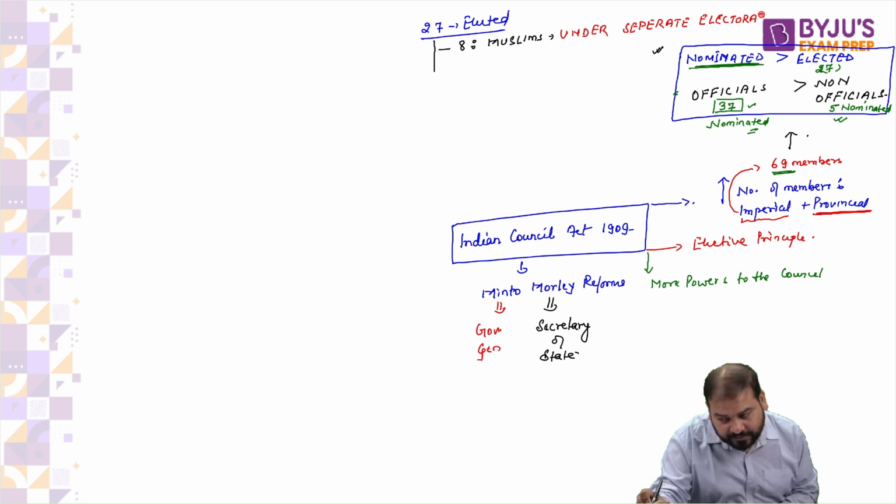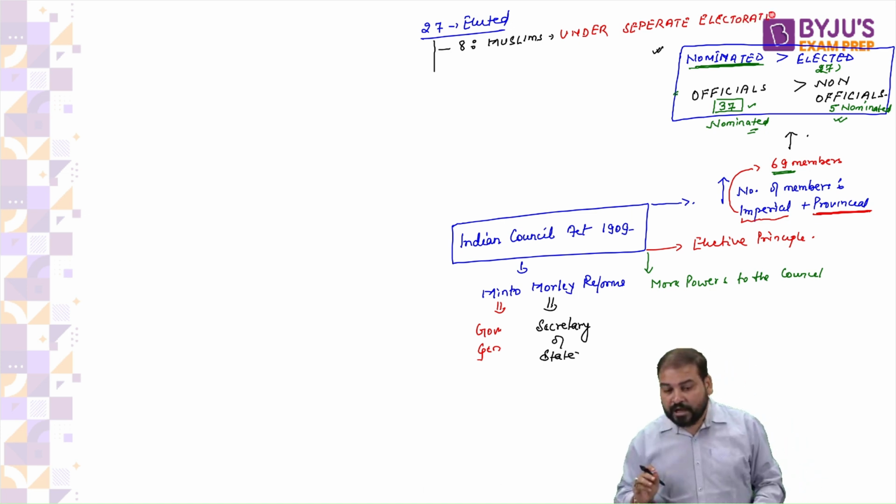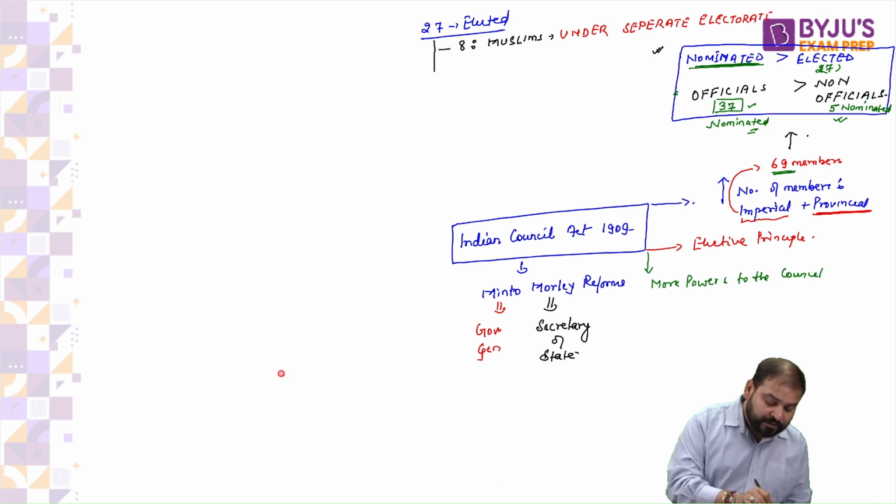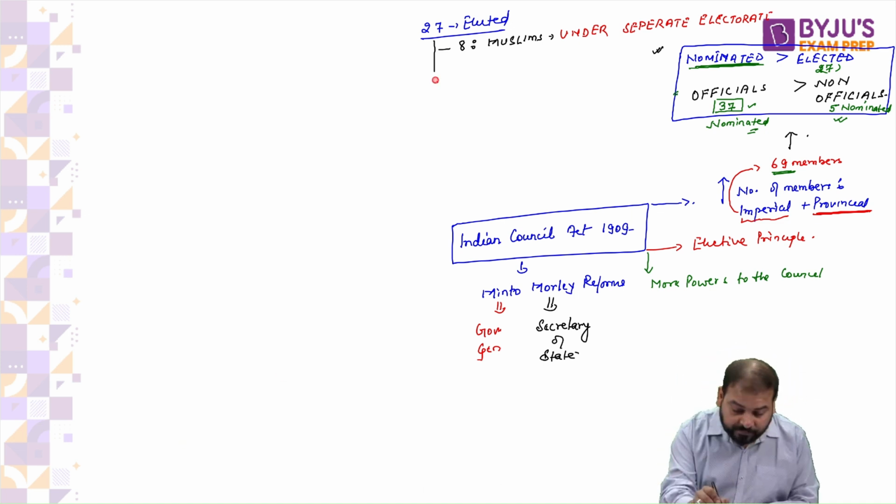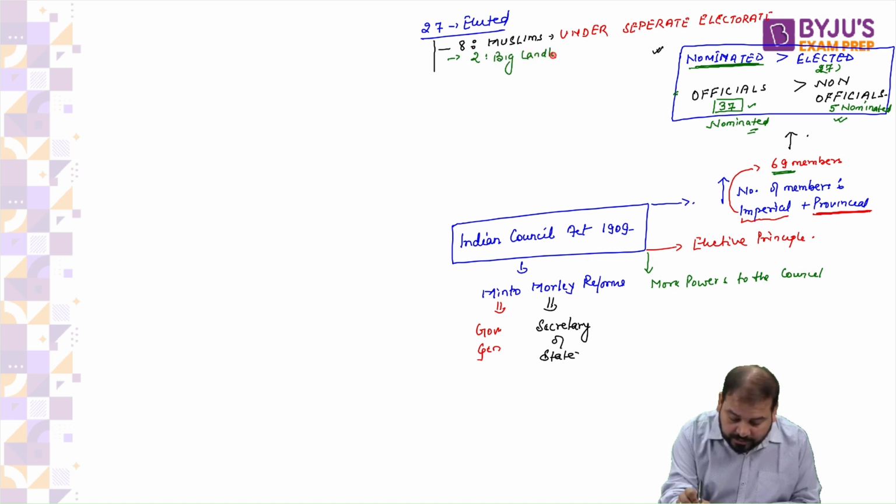Everyone, how many seats are reserved for Muslims? 8. Similarly, 2 were reserved for big landlords. 4 were reserved for British capitalists. So overall 10, 14, 13 is general.